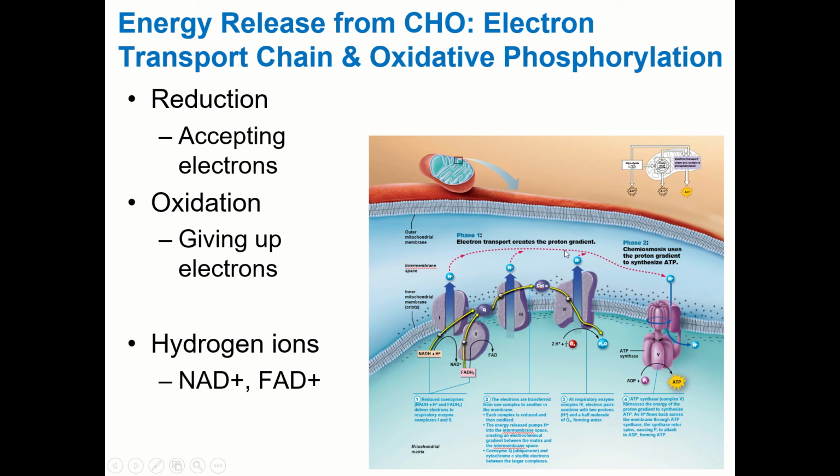Then what we're going to do is we're going to allow hydrogen to move with its concentration gradient. So it's going to go from high concentration in the intermembrane space to low concentration inside that inner matrix.